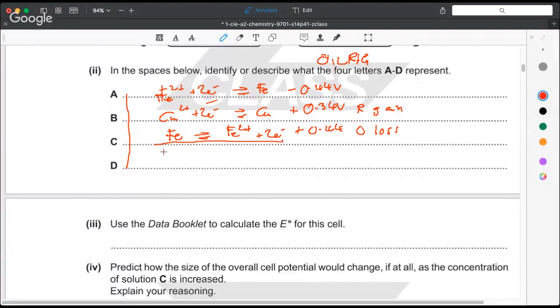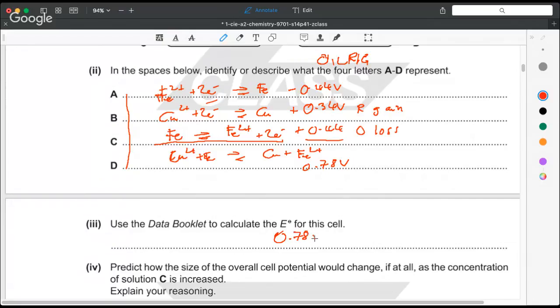And so then I can add those two together, and I've got Cu2+ + Fe going to Cu + Fe2+. And then I can just add the two standard electrode potentials together as well, and that becomes +0.78 volts, which is the number that's meant to go in there.